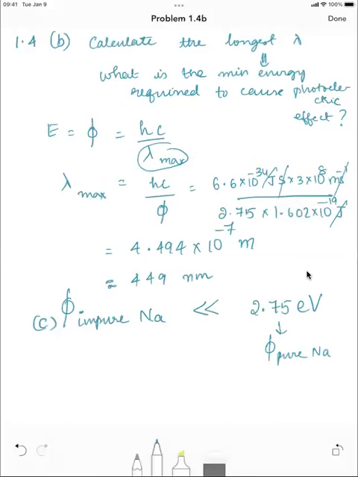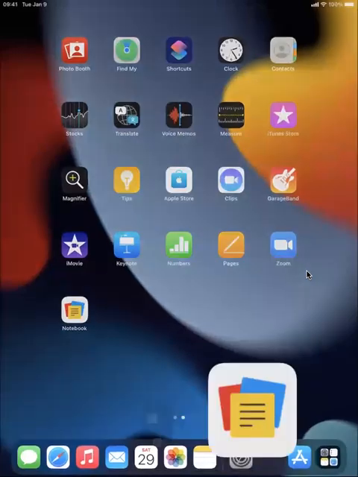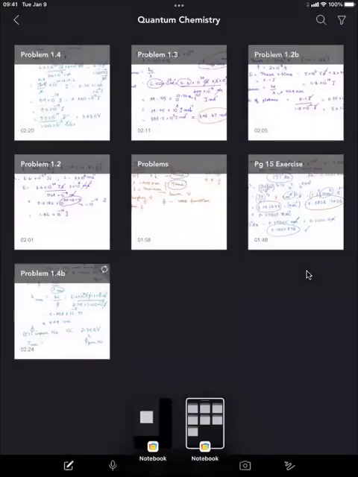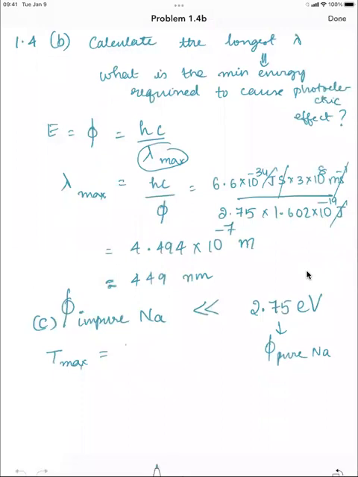So let's look at the Tmax, the maximum kinetic energy. It would be equal to the energy of the radiation minus the work function, right?